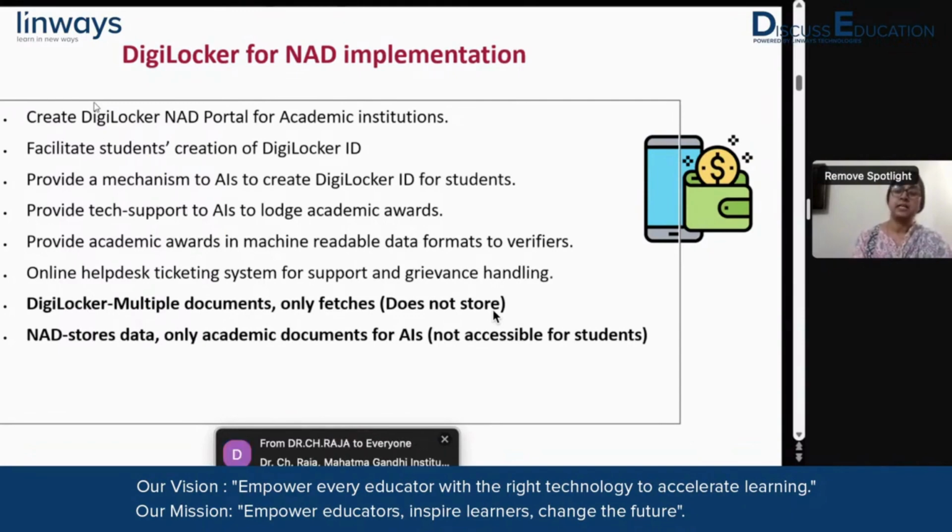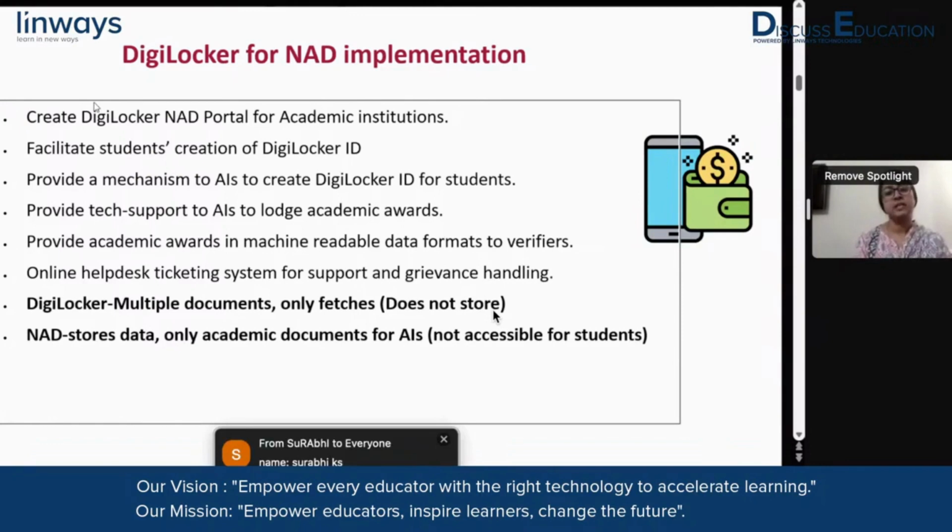We need to, as academic institutions, facilitate students' creation of DigiLockers, because these are important for us to go forward in terms of NAD and ABC implementation. We also need to provide the tech support and the mechanism for the creation of DigiLockers, because everything rests on the creation of DigiLockers.